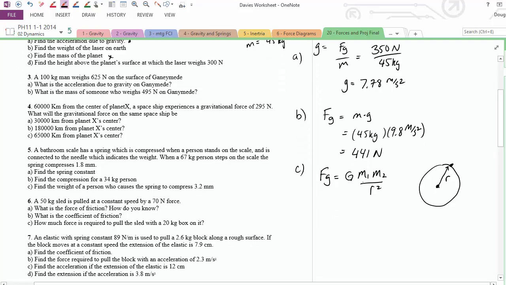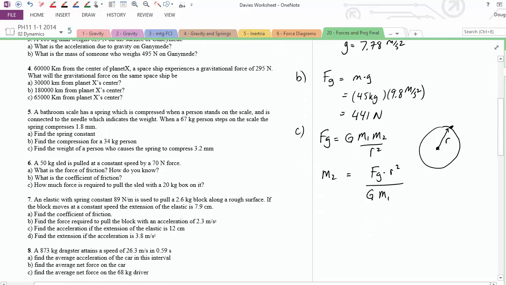I'm going to rearrange the equation to solve for one of the masses. So m2 equals Fg times r squared divided by G times mass 1. That is 350 newtons times 8900 times 10 to the 3 meters, squared, divided by 6.67 times 10 to the negative 11 times 45 kilograms.